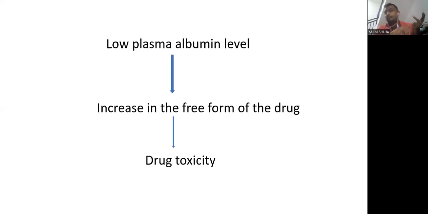You know which drugs are bound to plasma protein. So when there is liver disease or kidney disease, there is not enough albumin in the blood, so there will be more free active drug. In that kind of person, you have to reduce your dosage so they will not get toxic effects. Okay.